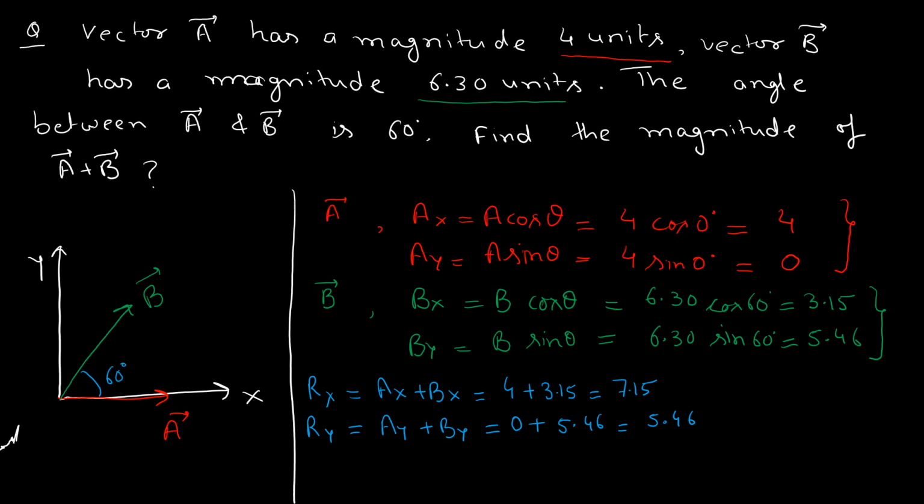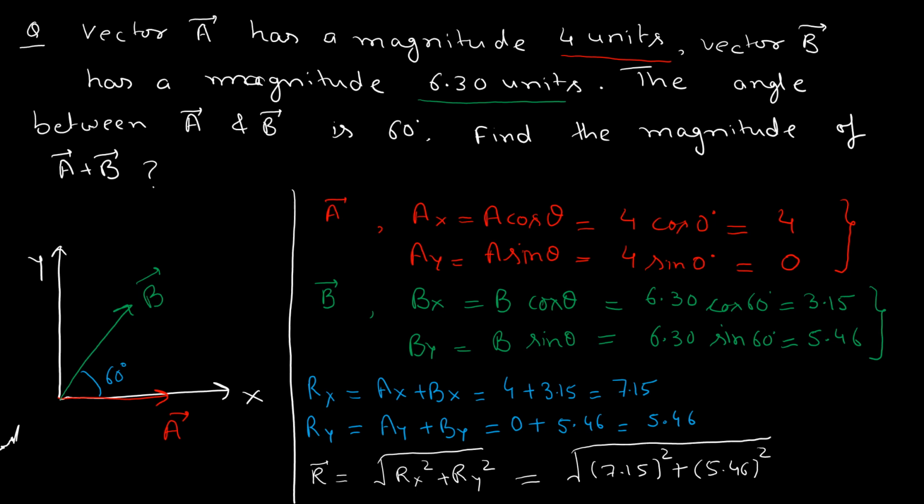Now we got both components of the resultant, and the magnitude of the resultant vector R will be the square root of R_x squared plus R_y squared, which is the square root of 7.15 squared plus 5.46 squared, and this is going to be 8.99 units.